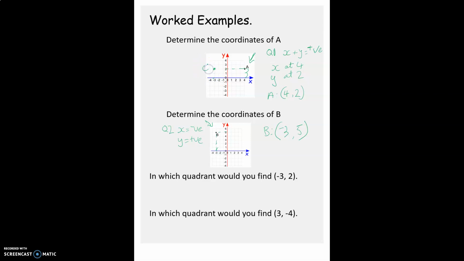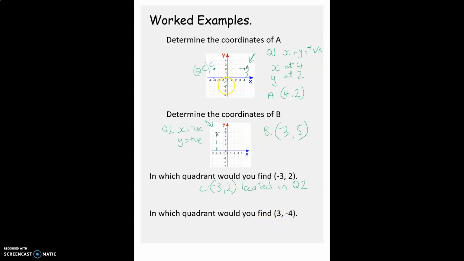So basically that's indicating question C. We'll call this point C. Right, so the C point of -3 and 2 is located in Q2.